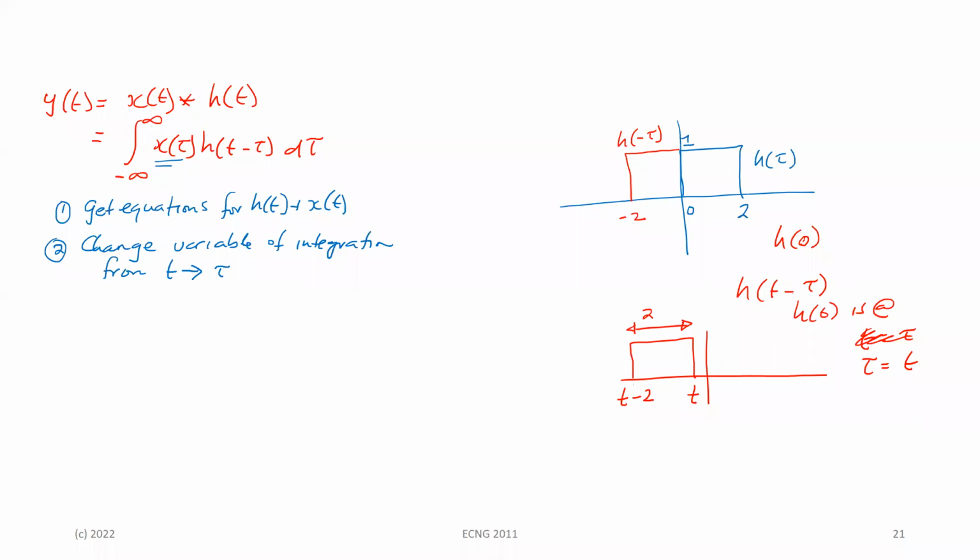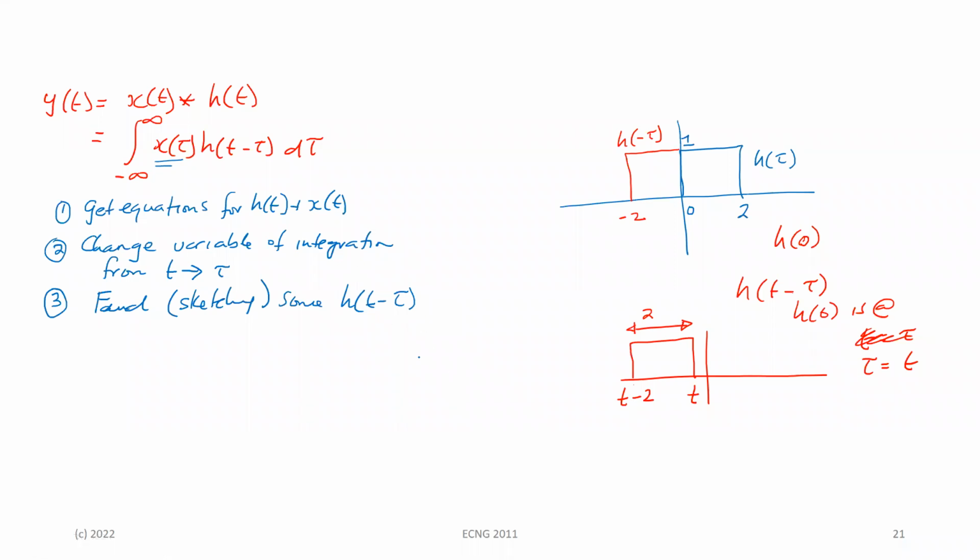So the next step, therefore, was you change the variable from t to tau and then sketch h(t minus tau) and put that down, right? So you now locate h(t minus tau).